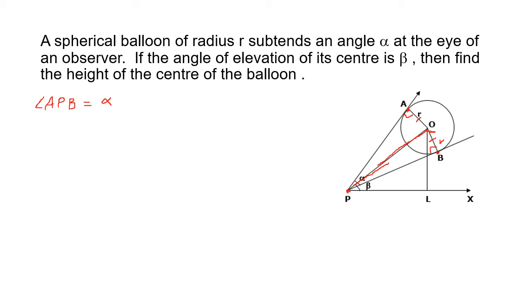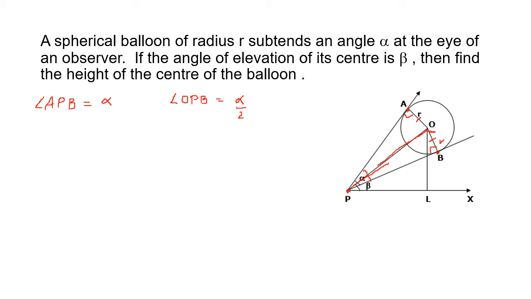By RHS, the two triangles are congruent. So this angle and this angle are both equal. So we can say angle OPB is equal to alpha upon 2, because angle OPB is half of angle APB.